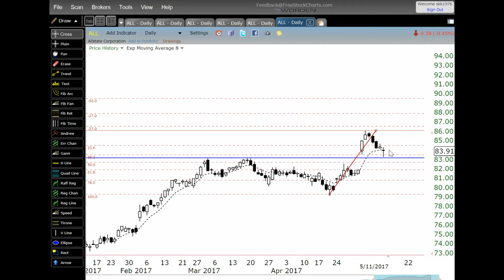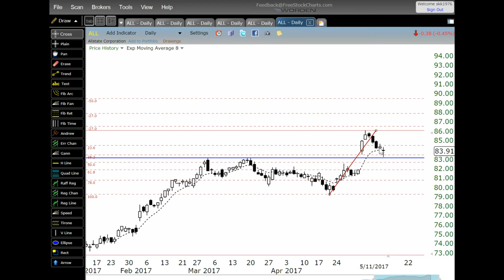So if you're entering long here, depending upon how it unfolds tomorrow, you could come out anywhere between 86 and 87, or you could come out at 88, or you could come out at 89 and 90. It all depends on your ability to be in the market. Some people like to just quickly get in and get out with a couple of bucks profit.